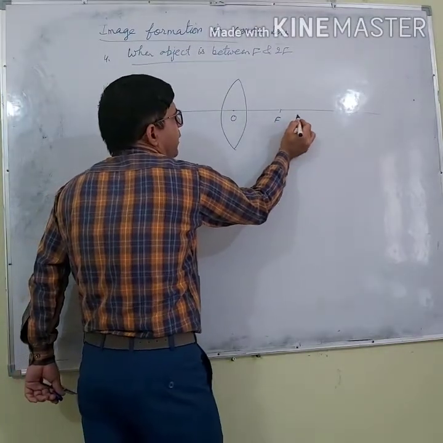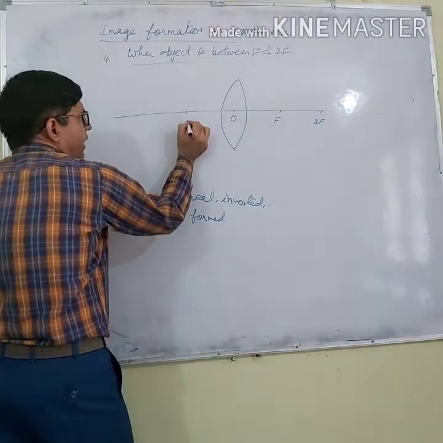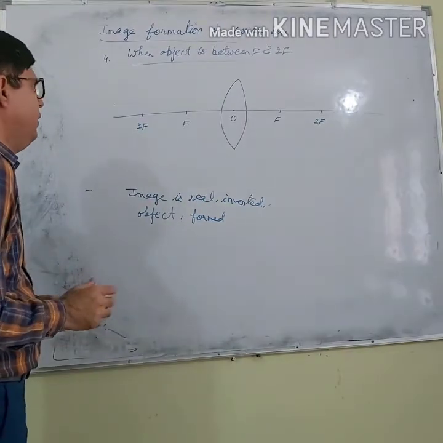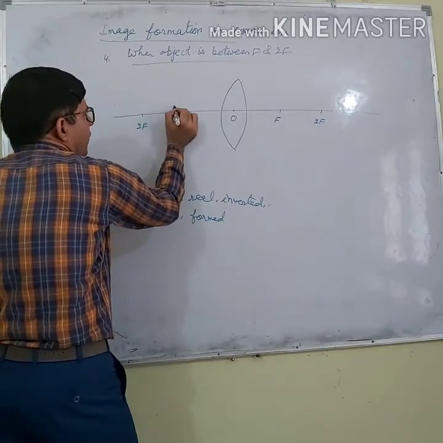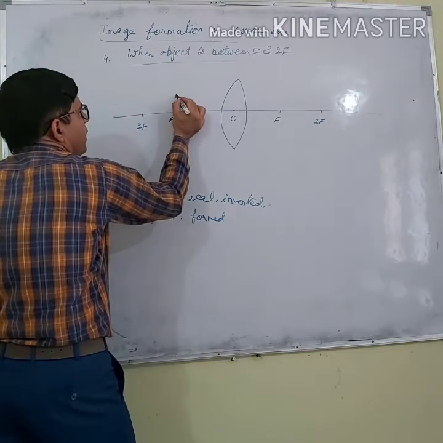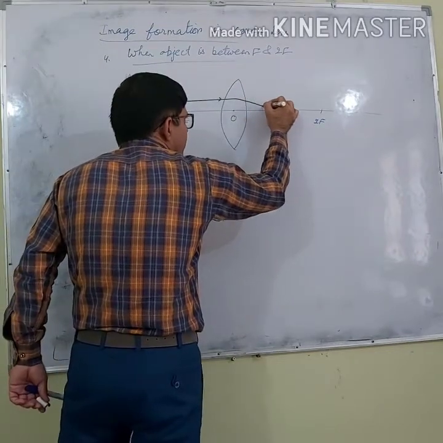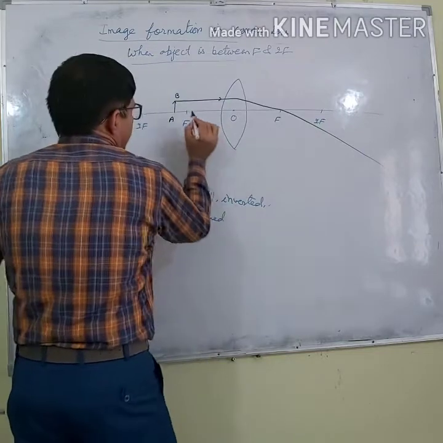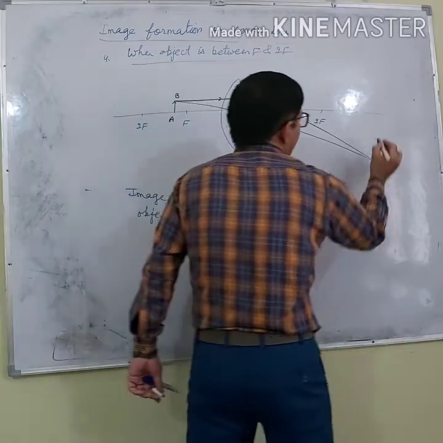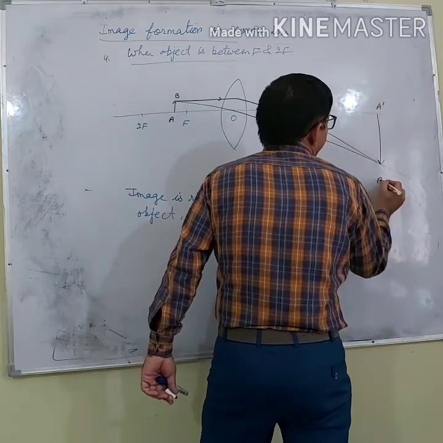At 3 centimeter mark F, further 3 centimeter mark 2F, again 3 centimeter mark F, again 3 centimeter mark 2F. So when object is between F and 2F, let us say I am drawing object here. This object is AB. One ray from B is parallel to principal axis and passes through the focus. And second ray passes through optical center, and here they are meeting.